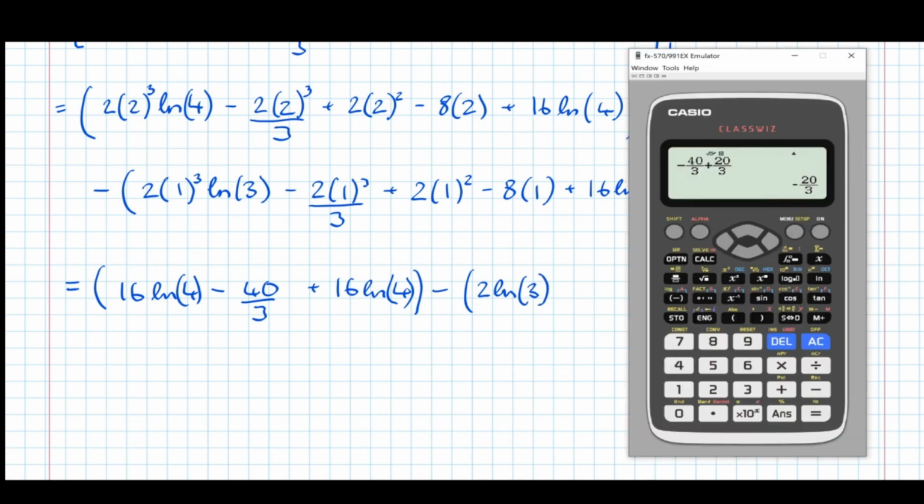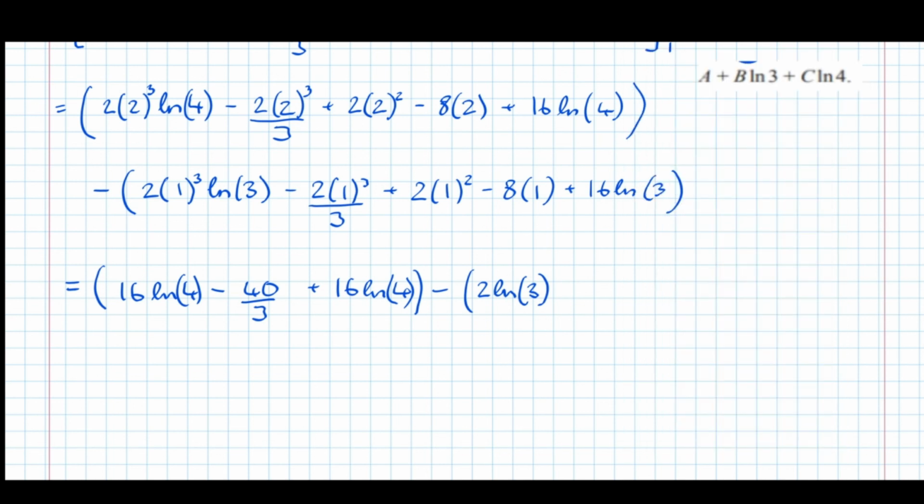And putting the rest of it in the calculator, we get 2 lots of minus 2 over 3 plus 2 lots of 1 squared minus 8 gives us minus 20 over 3 plus 16 log 3. I forgot to close the bracket up there. Okay, almost there.